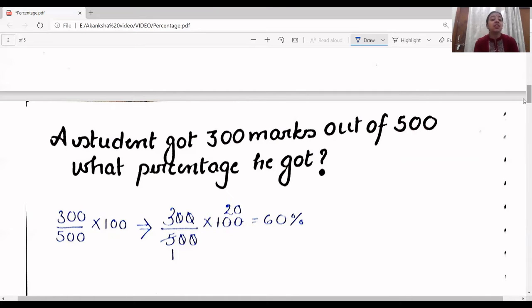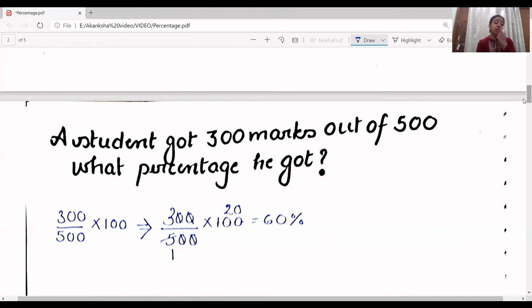Basically the question is 300 is what percentage of 500, right? The earlier question and this question don't have much difference, because here also we are supposed to find out 300 is what percentage of 500.